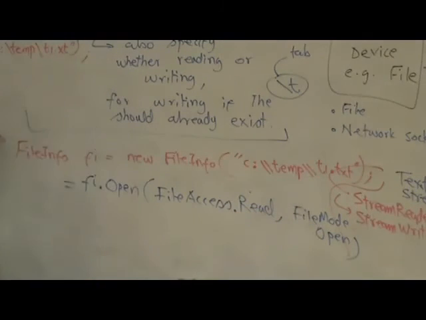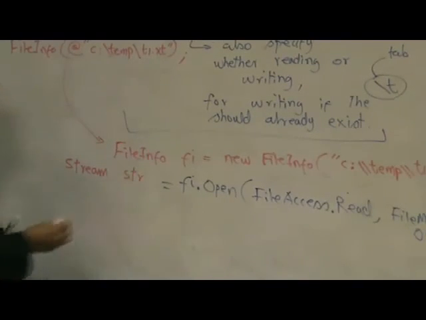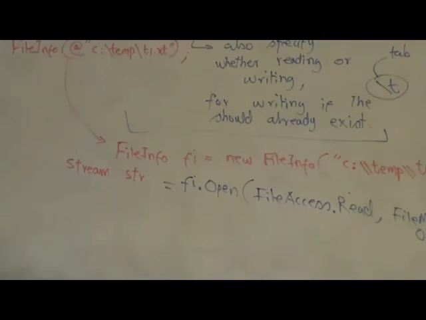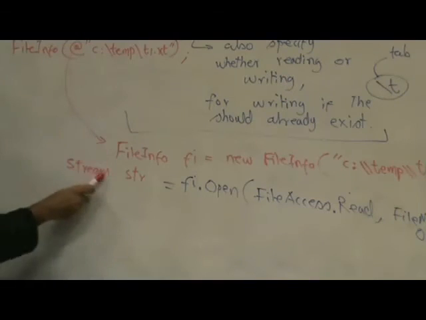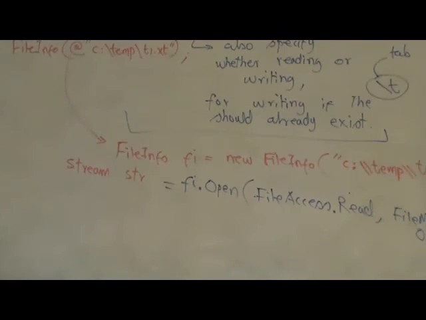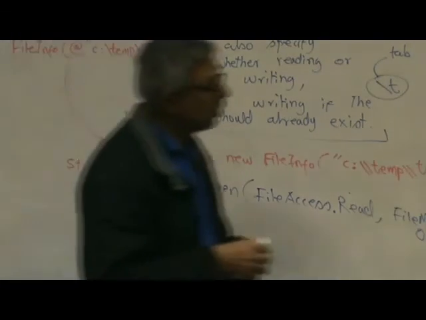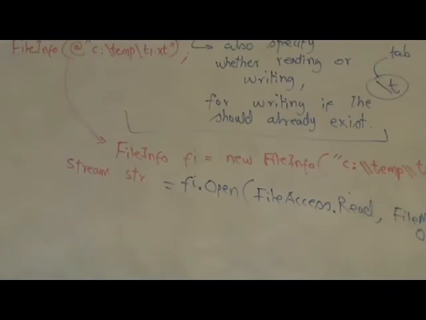Okay, so if you give it two parameters, then this will return with the stream object. Okay. As I mentioned earlier, if we have the plain stream, what kind of stream is it? Binary. Binary stream. Okay. So now if you can remember one more piece of information.